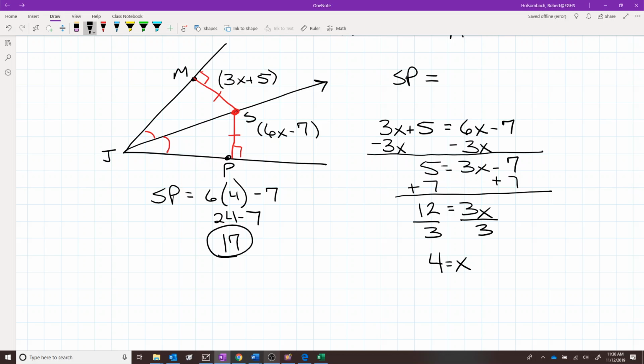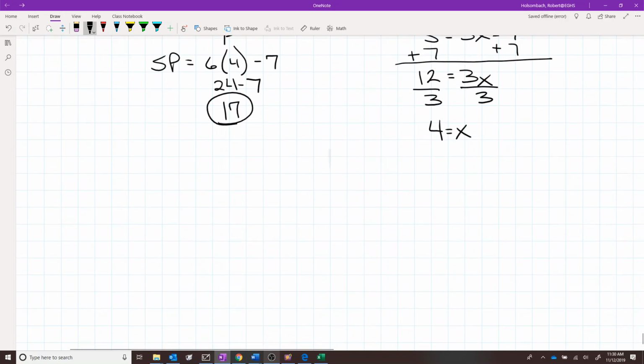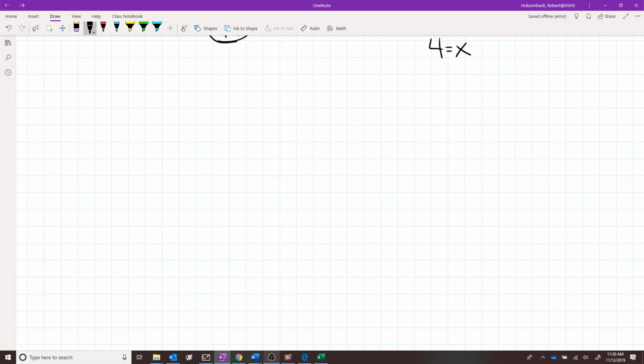Look at the top of page 328. This in-center theorem is really important.